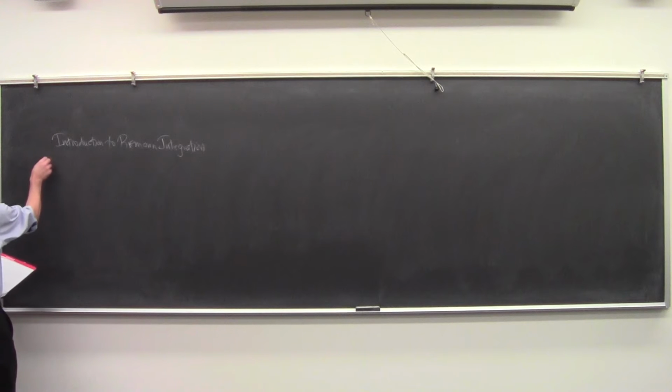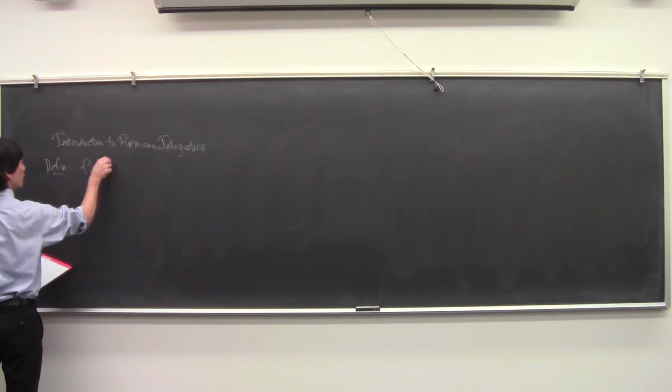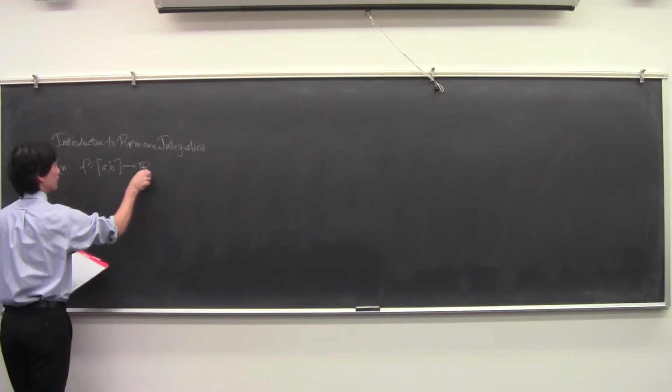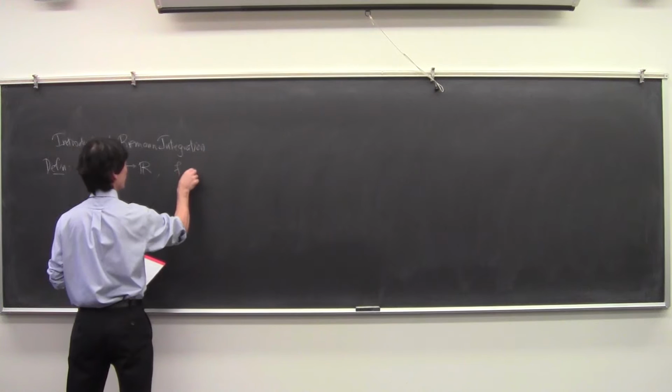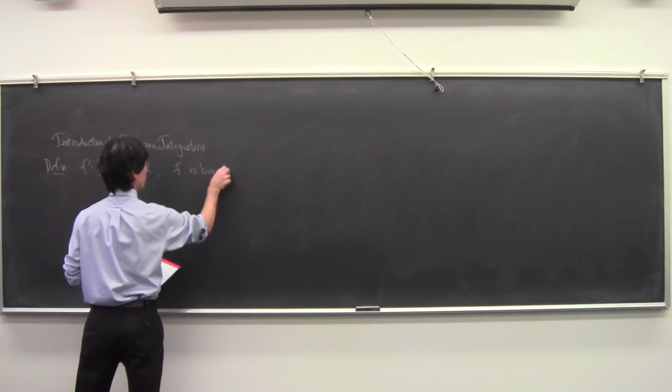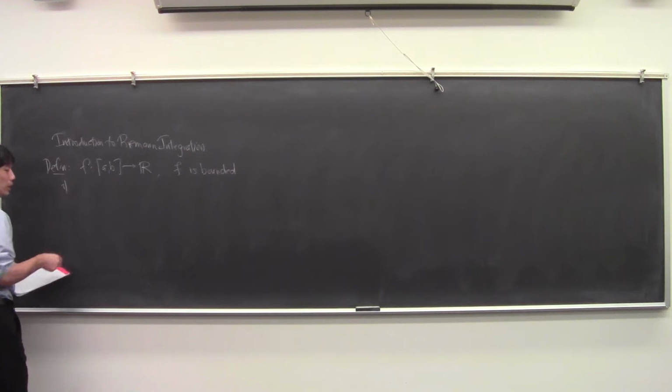Okay, so you start off with a function f on a closed and bounded interval, a real valued function, and you assume that f is bounded. Okay, and we need a bunch of definitions.